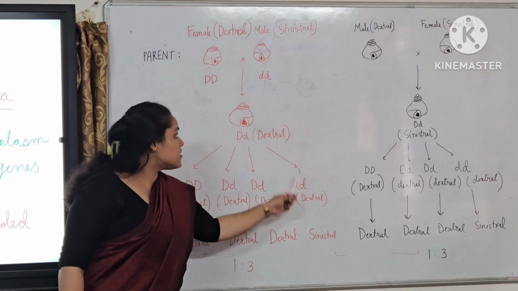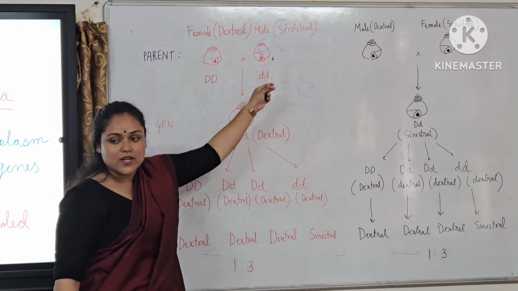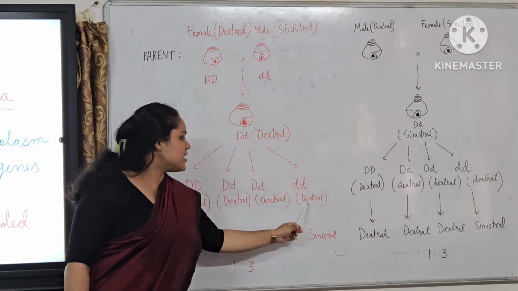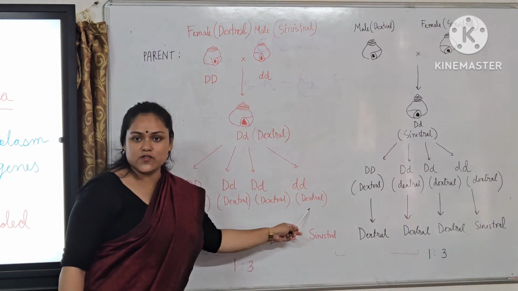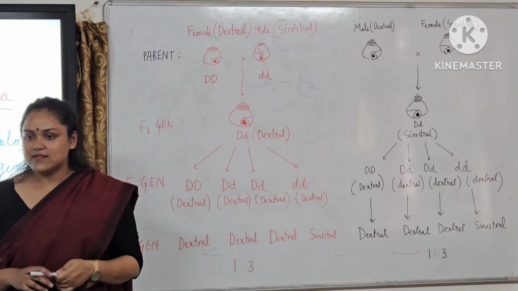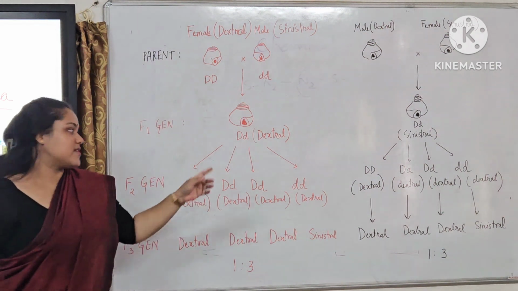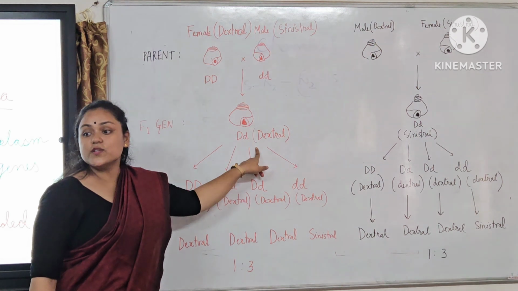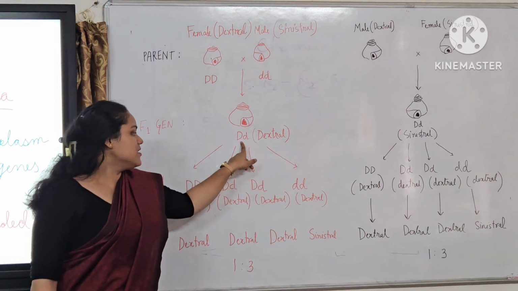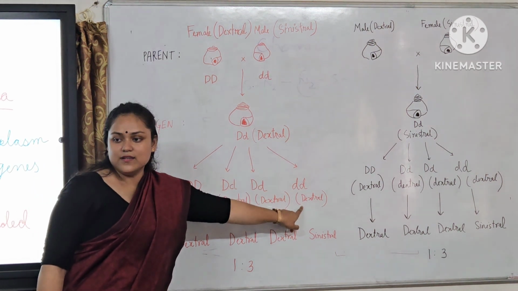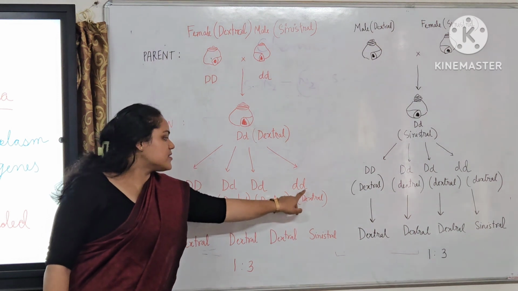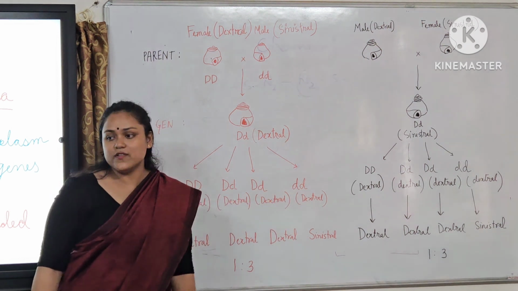But small d should be sinistral. In this case, we see that small d is also dextral. Why? Yes, maternal effect, because the mother's genotype is dextral, that's why we get dextral. Even if it is small d, we get a dextral phenotype.